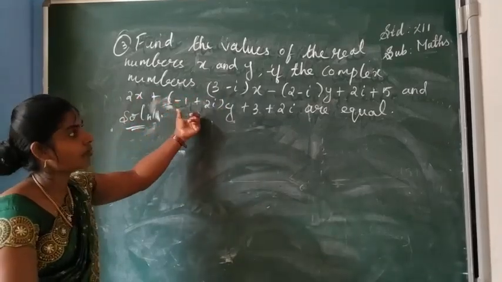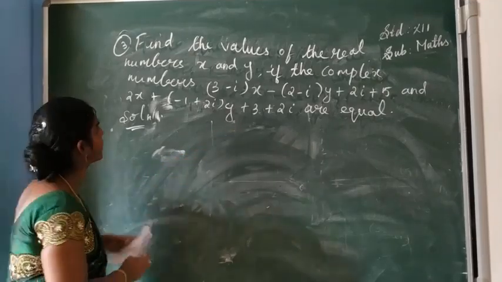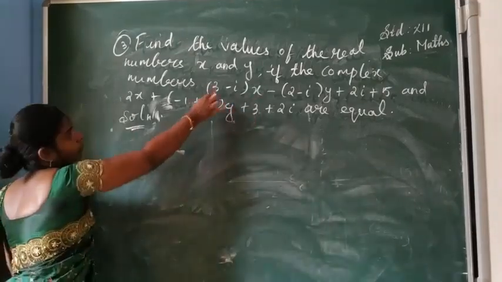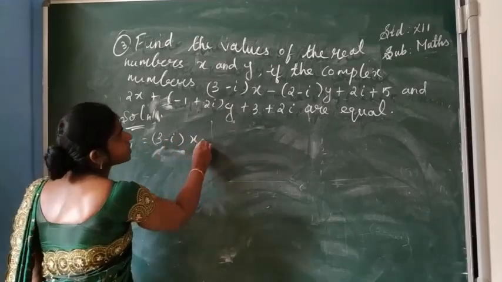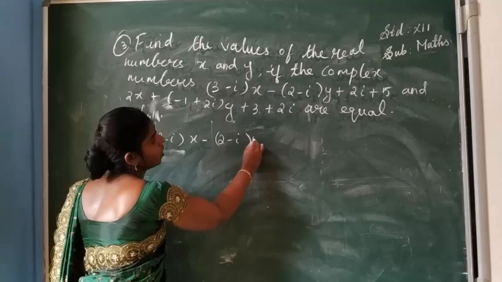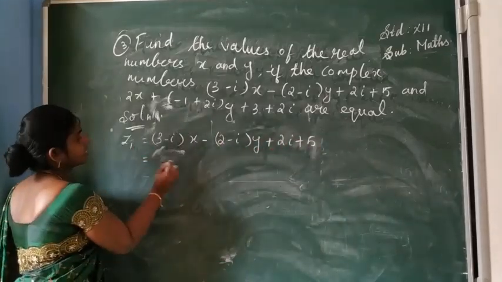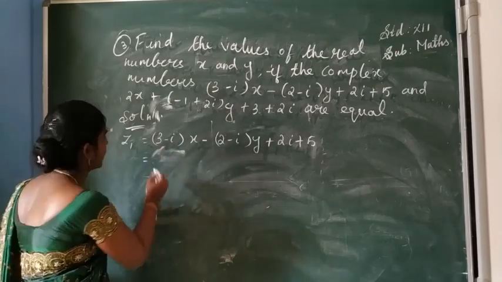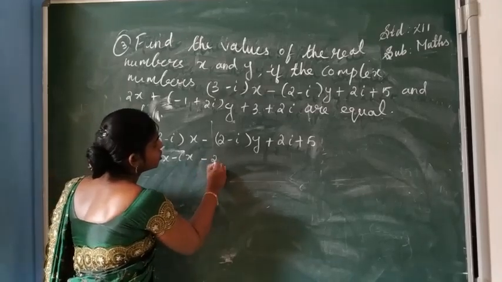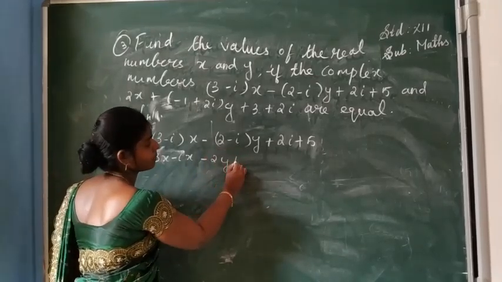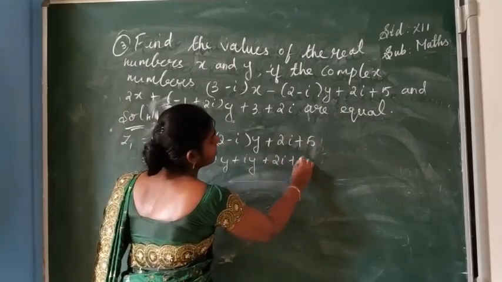The two complex number values are given and z1 is equal to z2. Okay. So first we can take the value of z1. z1 equal to (3 minus i)x minus (2 minus i)y plus 2i plus 5. So that's equal to multiply the x term inside. So 3x minus ix minus 2y plus iy plus 2i plus 5.